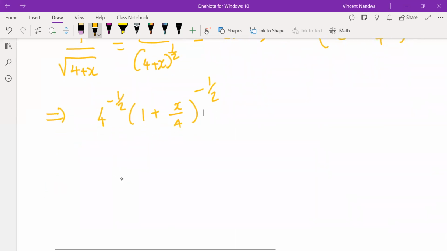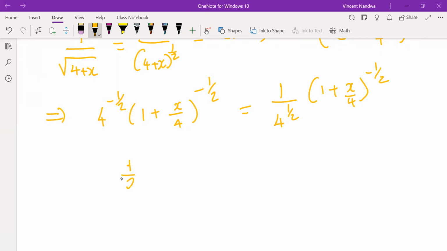So then now, the same as 1 over 4 power half, (1 plus x over 4) power negative a half. So 4 raised power half is 2. So a half into (1 plus x over 4) power negative a half. So therefore, n is negative a half.